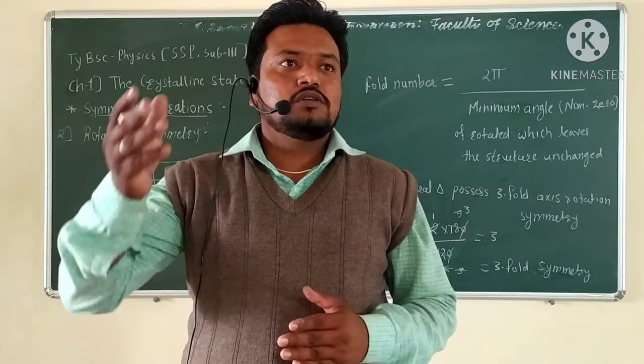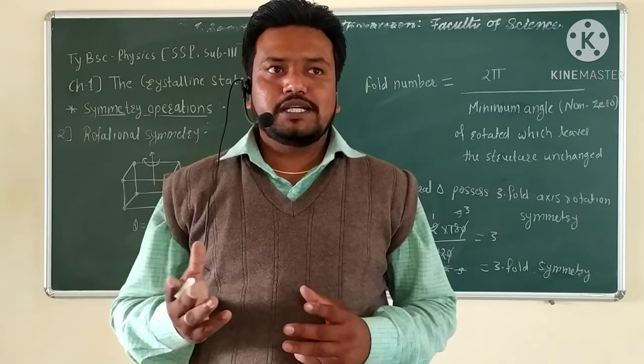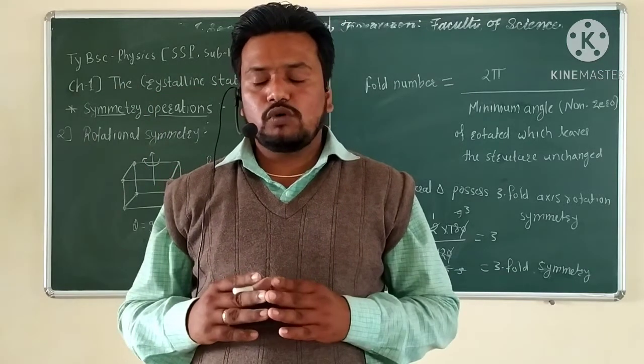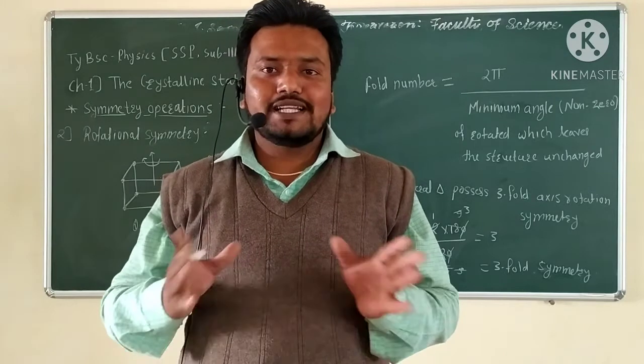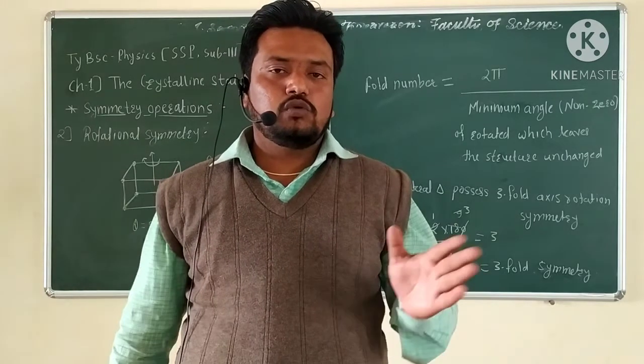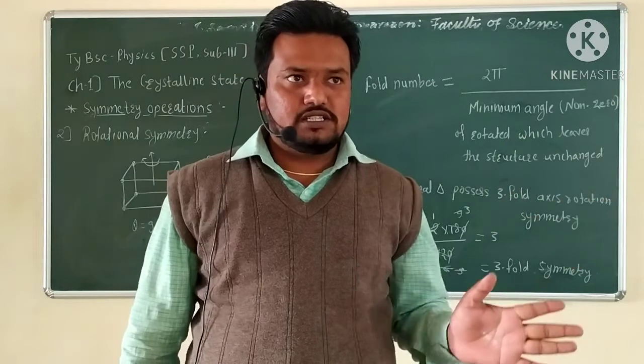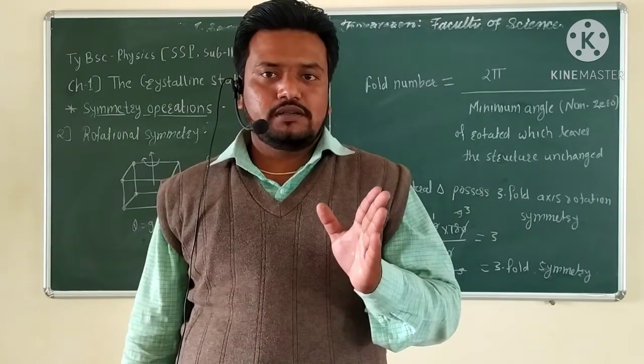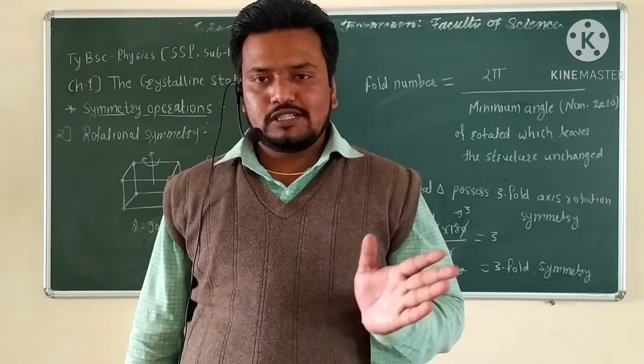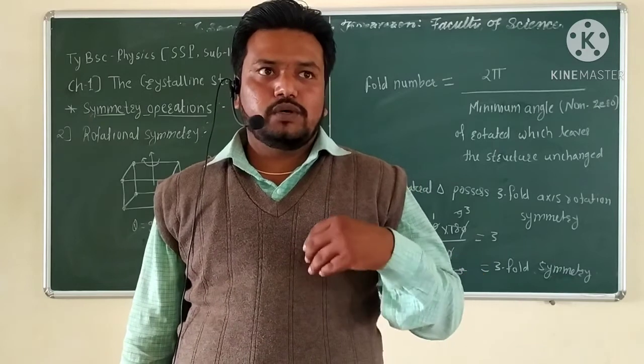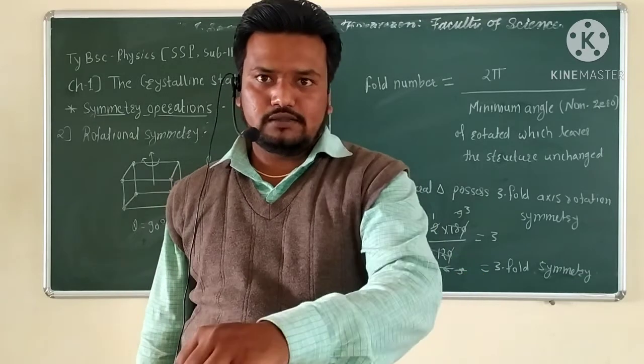So we rotate it 3 times. That's why we say that the cube has 3-fold degeneracy. So that is the basic idea of rotational symmetry, and we get a clear idea.